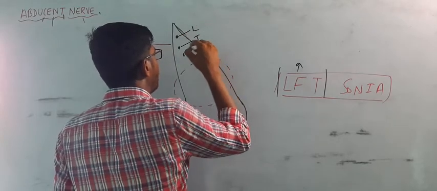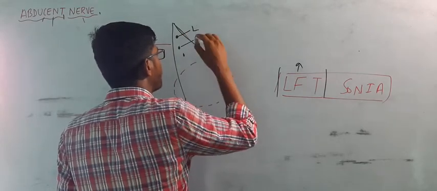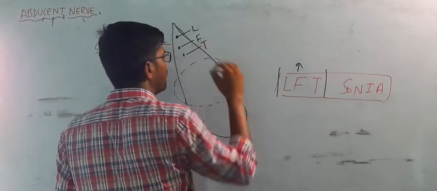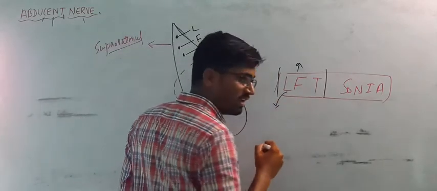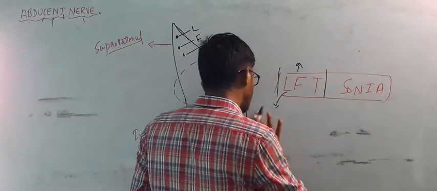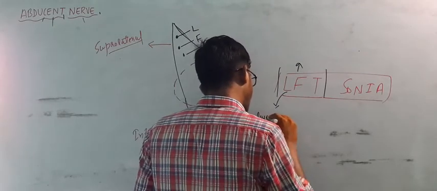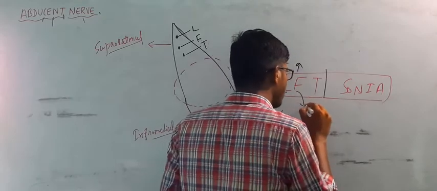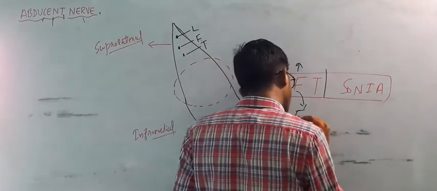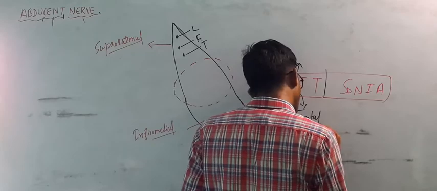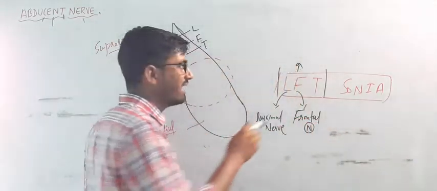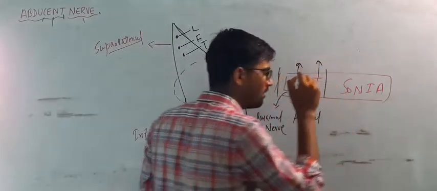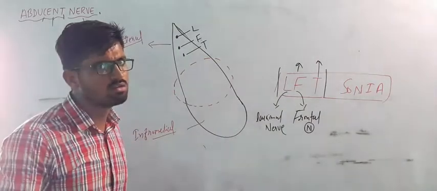L, liver function; F; and here is the T. So what do you mean by L? L means lacrimal nerve. What do you mean by F? F means frontal nerve, right? What do you mean by T? Can you tell me what T means?